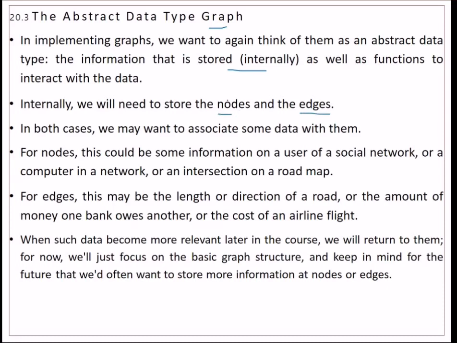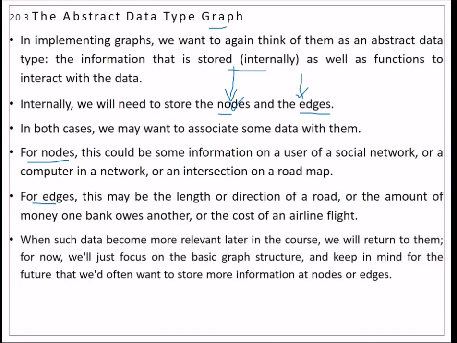And we will associate data with both nodes and edges. For nodes, this could be some information on a user of a social network, or a computer in a network, or say an intersection on a roadmap.